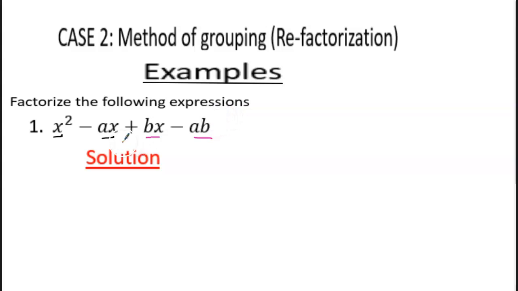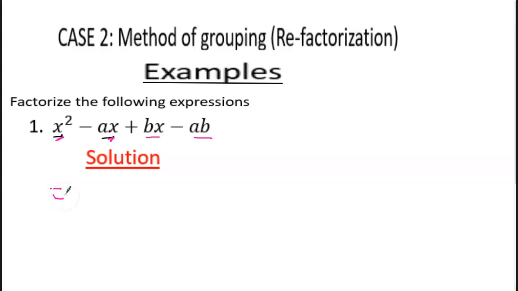So always you look for 2 terms in which there is a common factor. Now if you check this particular example, the first term is x squared and then there is ax, which means that we can group these 2 terms. So let's look at how we do that.